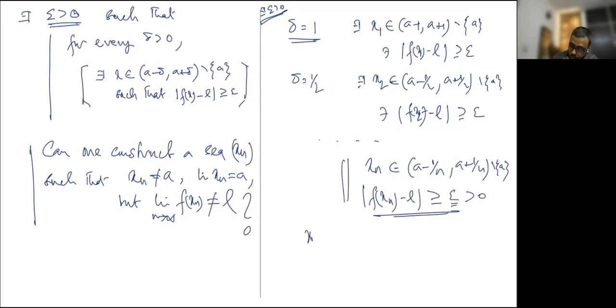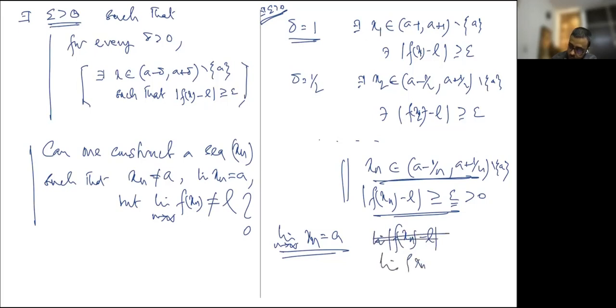So because of this condition, you can see that limit of x_n is A. So here is a sequence you have produced whose limit is A. But for the same sequence, this condition is being violated. I mean, limit of f(x_n) equal to L, this is not true.